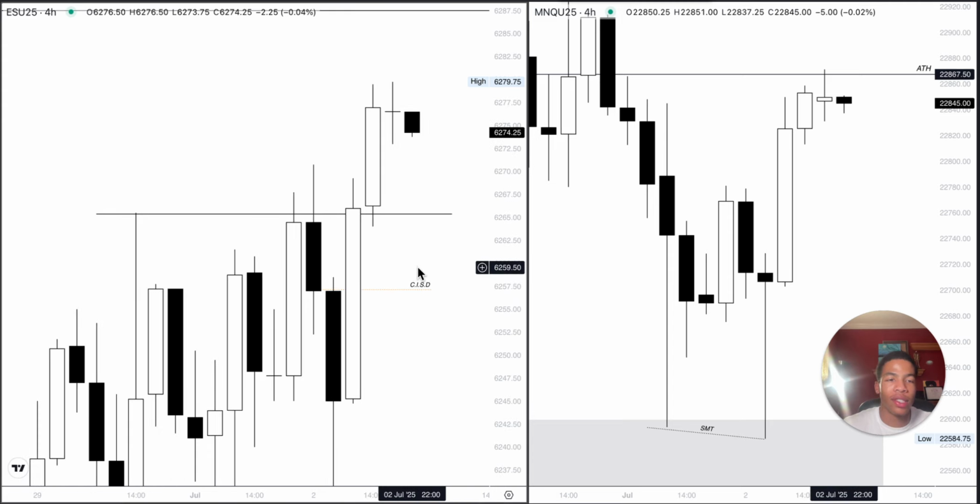For me, for instance, my models that have the highest success rate usually fall under the change in state of delivery with the fair value gap, with the inversion fair value gap. And I'll target the 2 a.m. London highs or the London lows. But the thing about those setups is that they're not as frequent as the less probable ones.